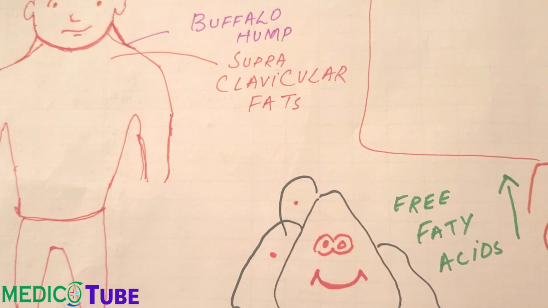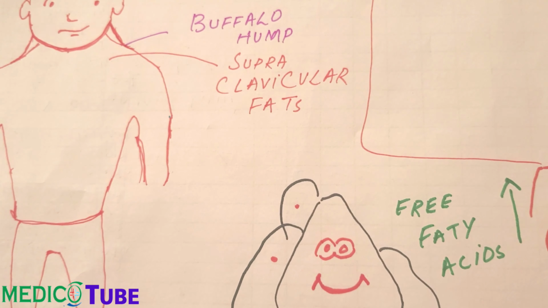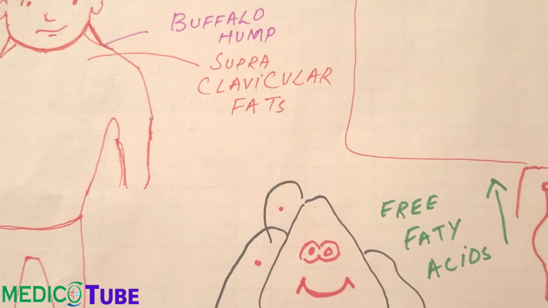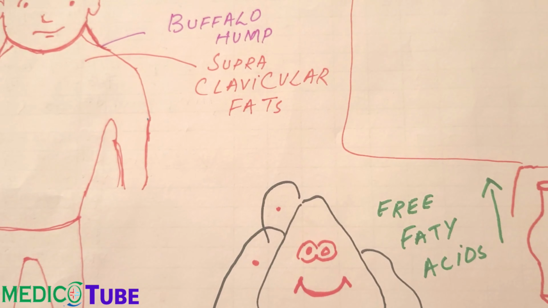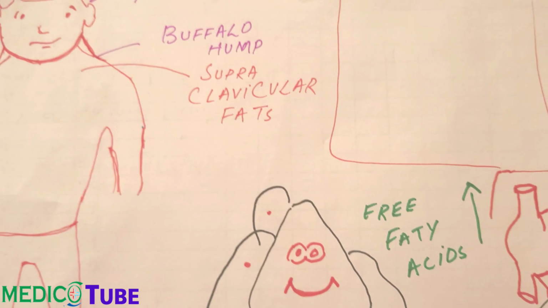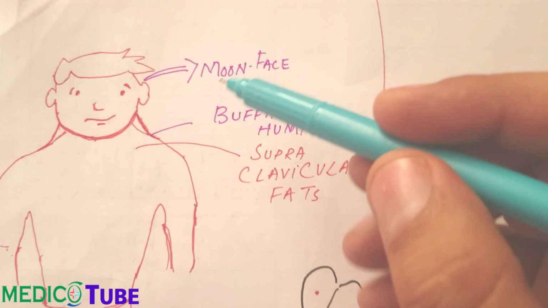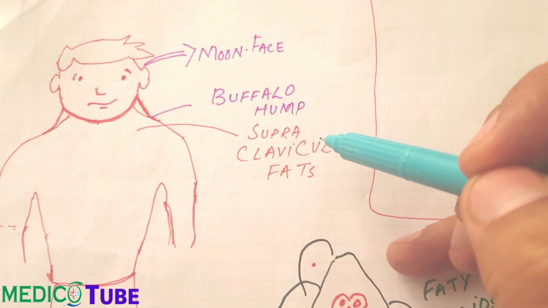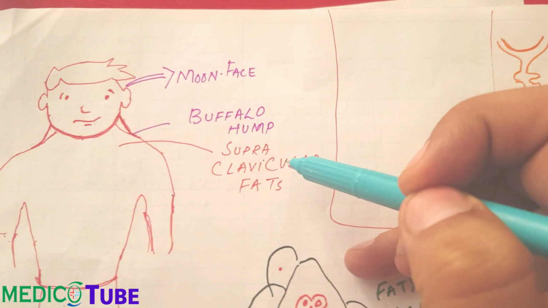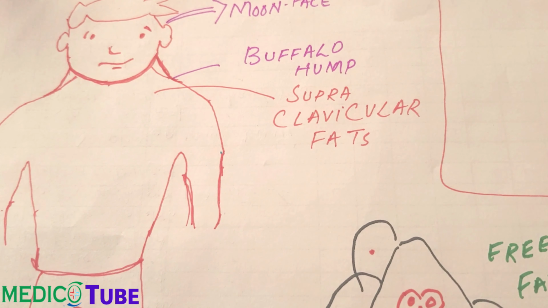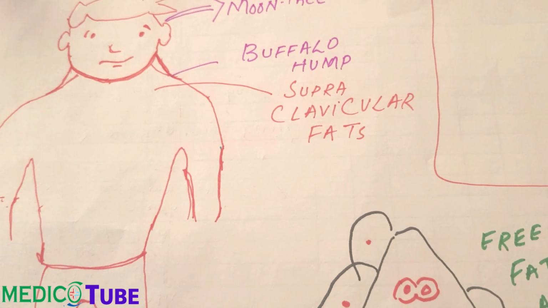Now let's talk about the steroids' action on lipids. Actually, the steroid causes fat redistribution. What happens is that the fat starts accumulating in the face, the back, and above the clavicular areas. That is called, if you see here in this image, moon face, or buffalo hump, or supraclavicular fat. At the same time, the fat and muscles of the extremities start breaking down.